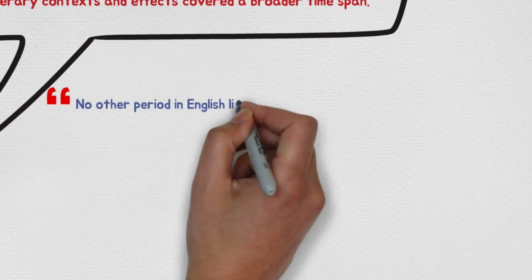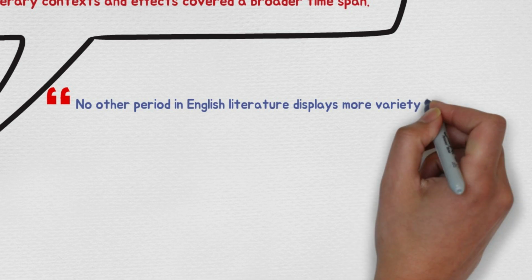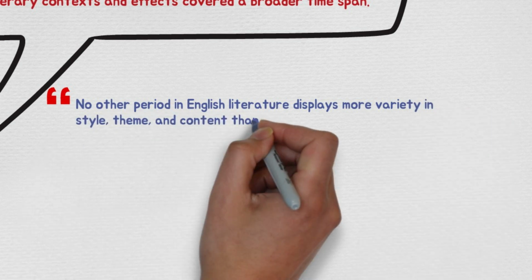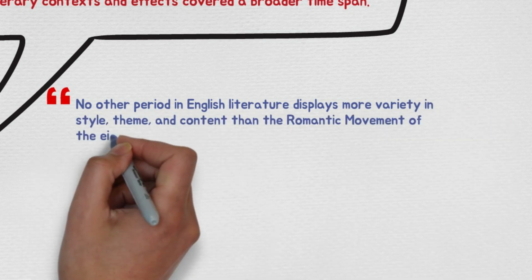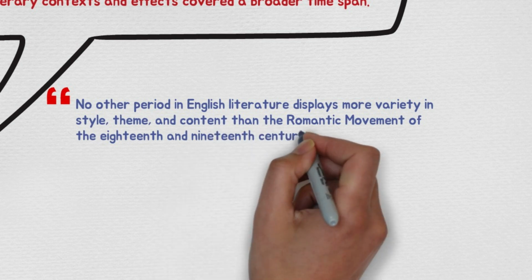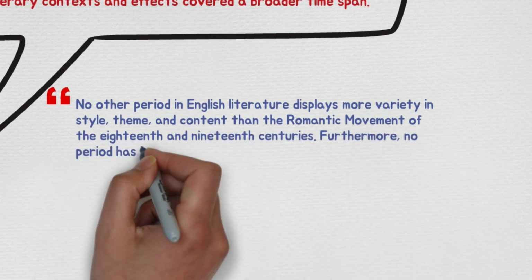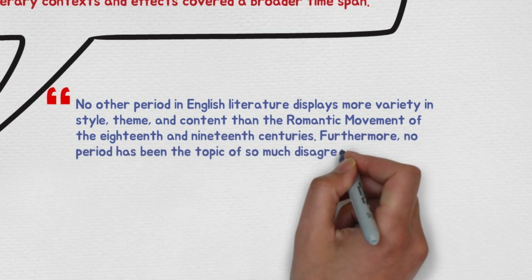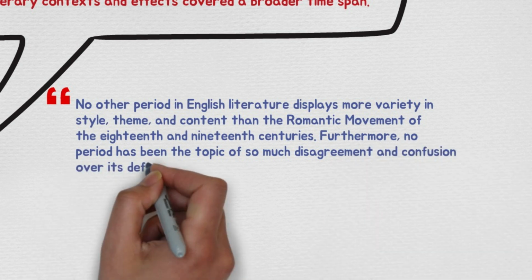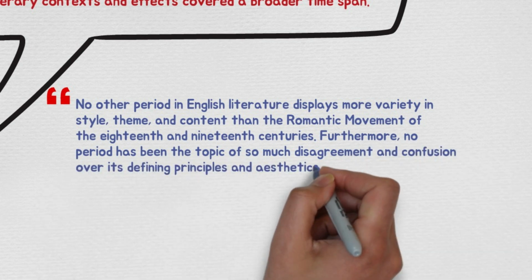No other period in English literature displays more variety in style, theme, and content than the Romantic movement of the 18th and 19th century. Furthermore, no period has been the topic of so much disagreement and confusion over its defining principles and aesthetics.